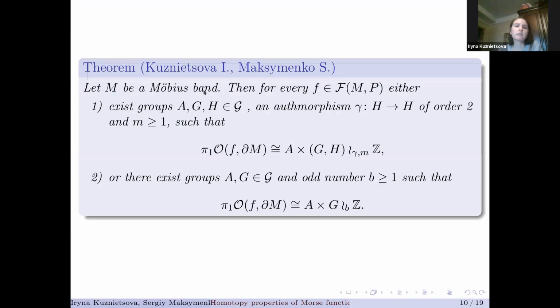So our main result is the following: if M is a Möbius band, then for every f from this group, there are two possibilities.